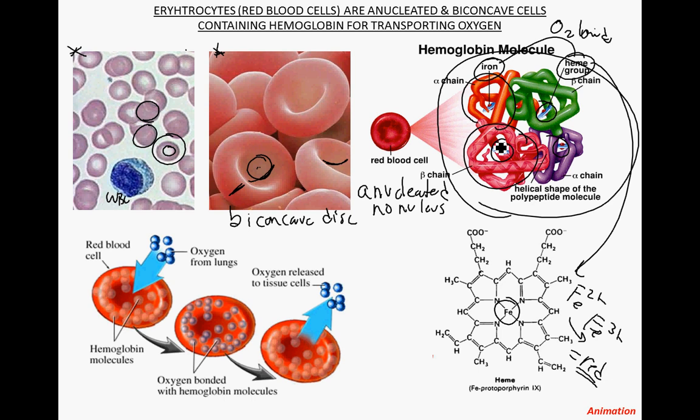That hemoglobin, there are several million copies of that hemoglobin molecule jammed into this red blood cell. So essentially the red blood cell is a bag of hemoglobin. So this diagram over here, you see that they're showing you the hemoglobin molecules, right? Oxygen from the lungs is going to go in. It's going to bind to that hemoglobin molecule and then be transported to the body and to the body cells.